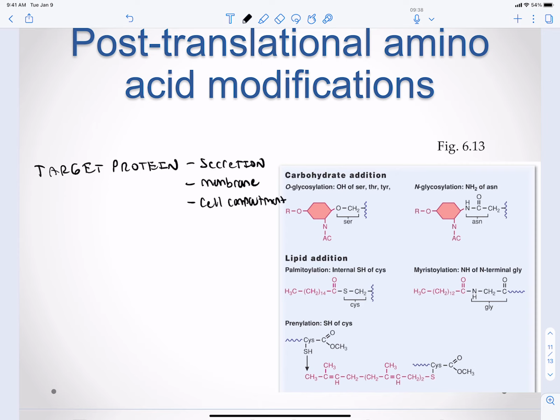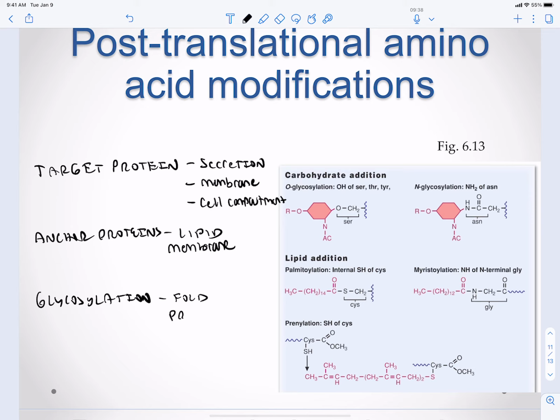It can also anchor proteins into a lipid membrane, for example. The proteins might have to regulate phosphates, and also there can be simple glycosylation. Glycosylation can help proteins fold properly, and this can increase stability.